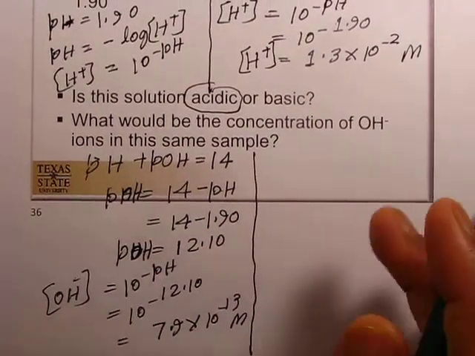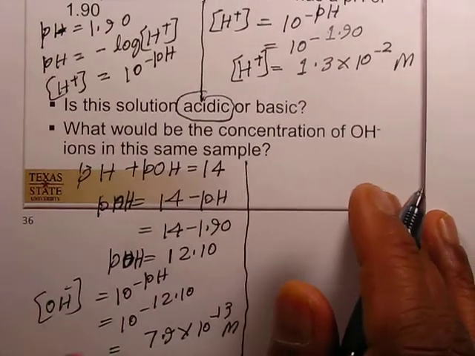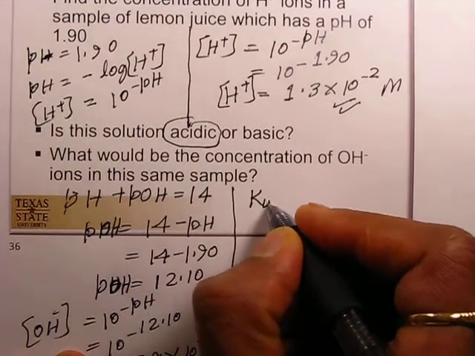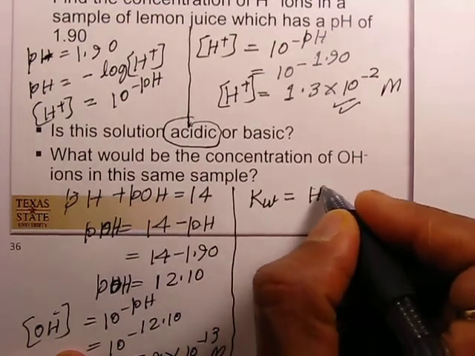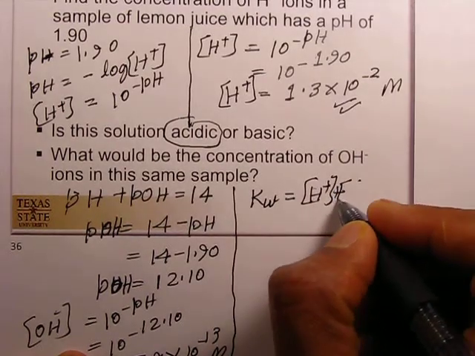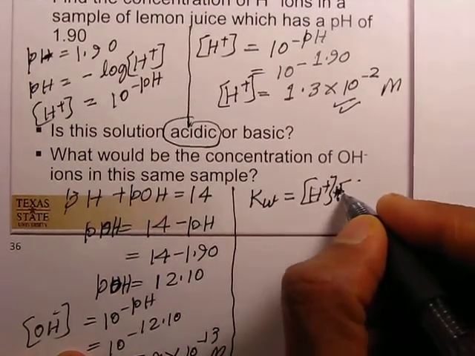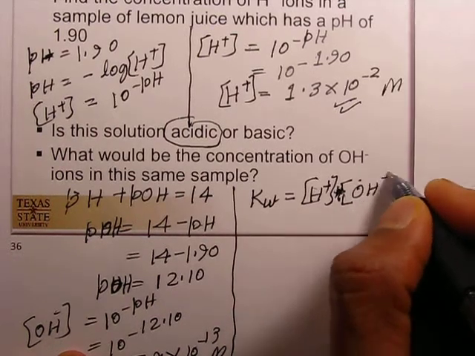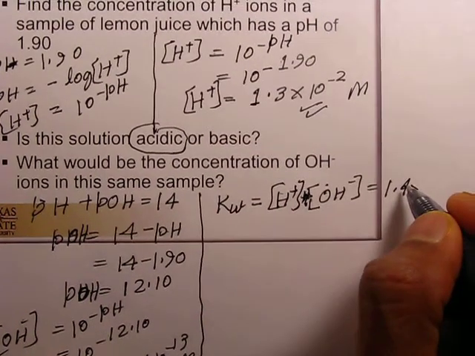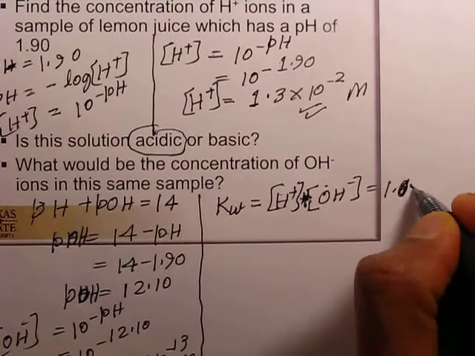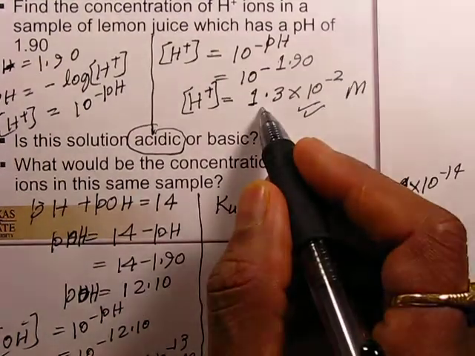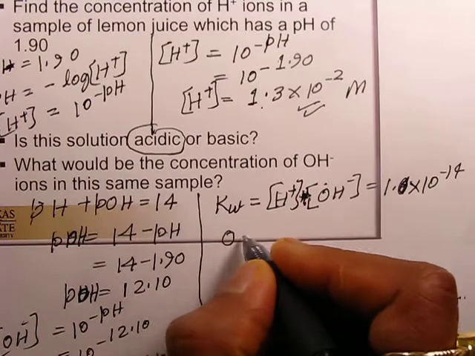There is one more way to calculate the hydroxyl ion concentration from this value. As you know, Kw is equal to the hydrogen ion concentration multiplied by the hydroxyl ion concentration, which is equal to 1.0 times 10 raised to the power minus 14. We know the hydrogen ion concentration, so we can rearrange this equation.